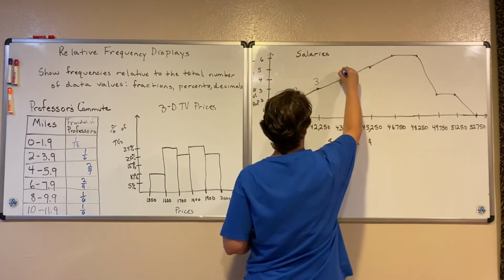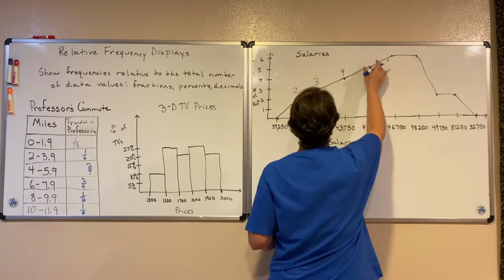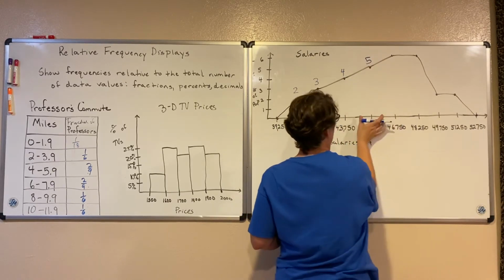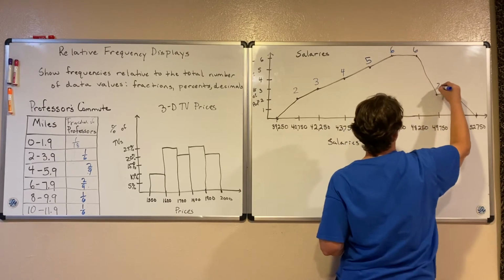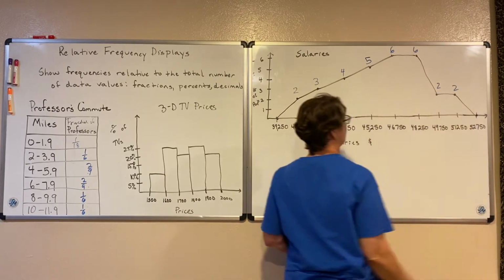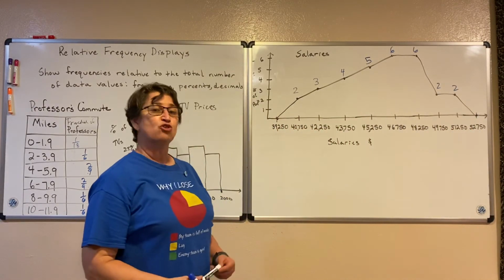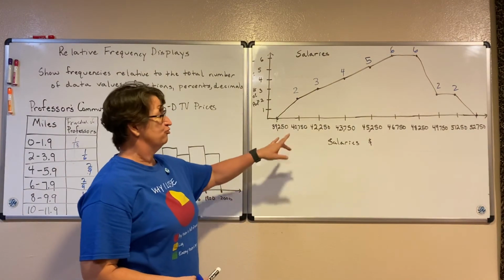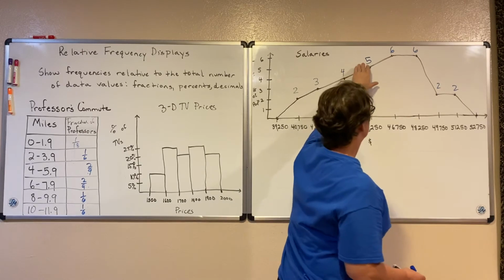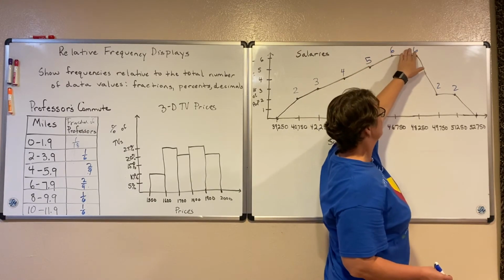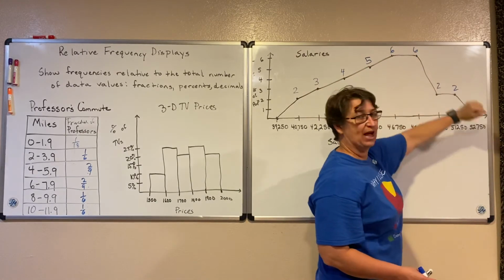There were 4 in this one. There were 5 with salaries in that range. There were 6 in this range, 6 in that range, 2 in that range, and 2 in that range. So to find the total number, I need to add all those numbers. 2 plus 3 is 5, that's 9, that's 14, 20, 26, 27, 28, 29, 30.